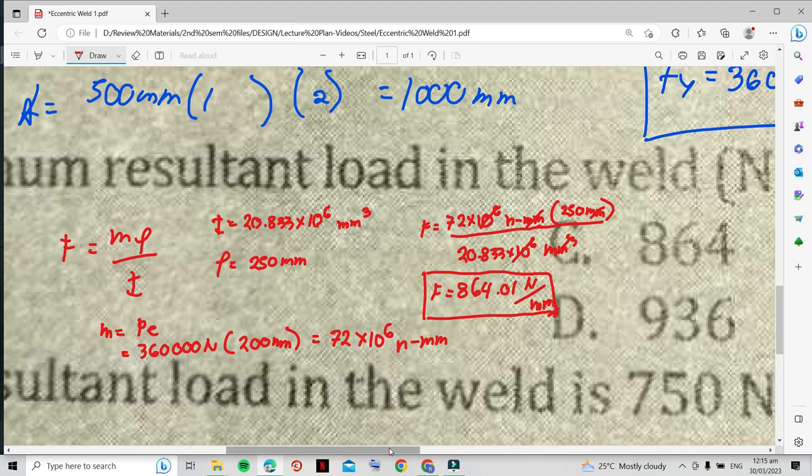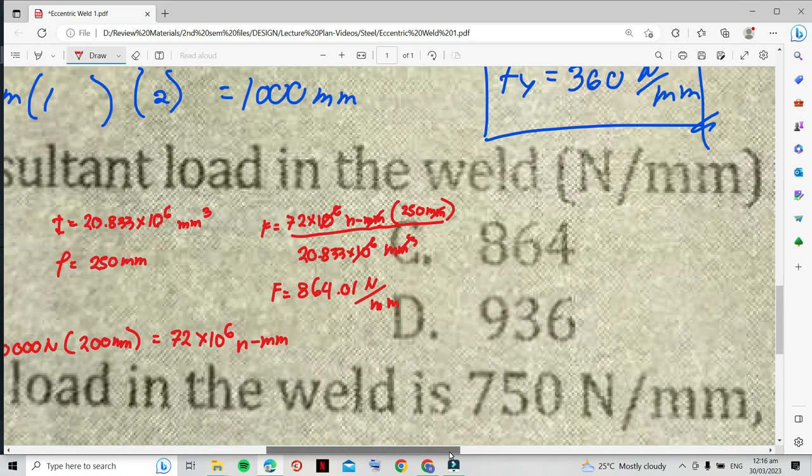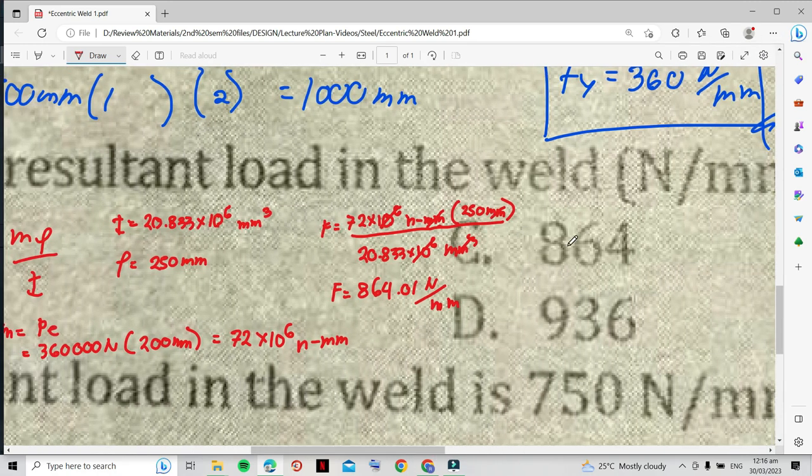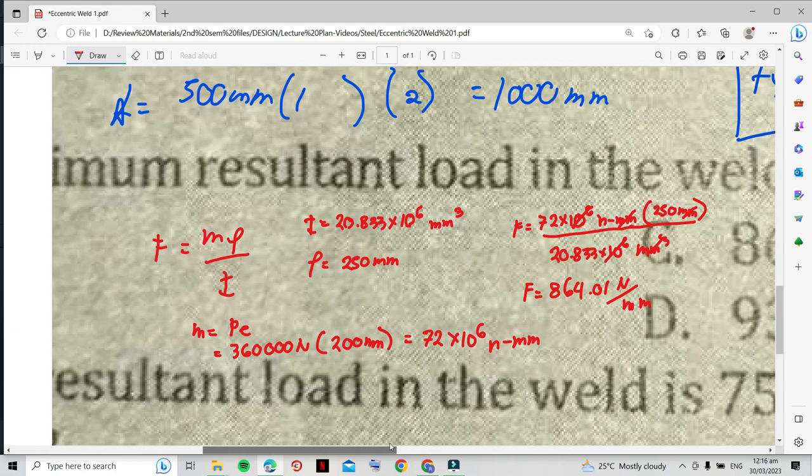But this is not yet the answer because we are asked for the resultant. You should be careful about this in the board exam: when you calculate and see that the answer is letter C, you immediately think that's the answer.